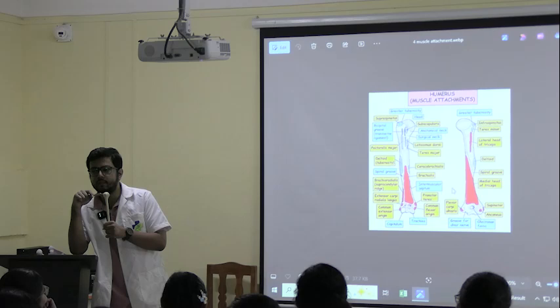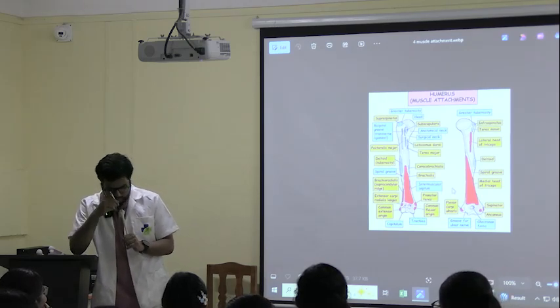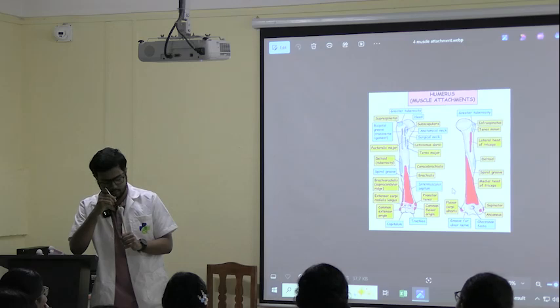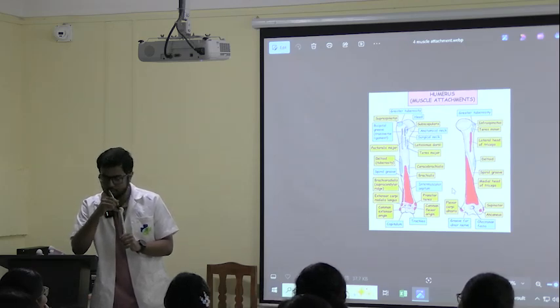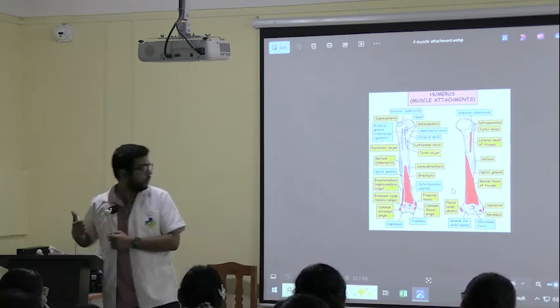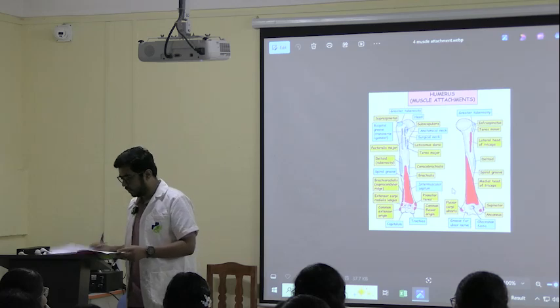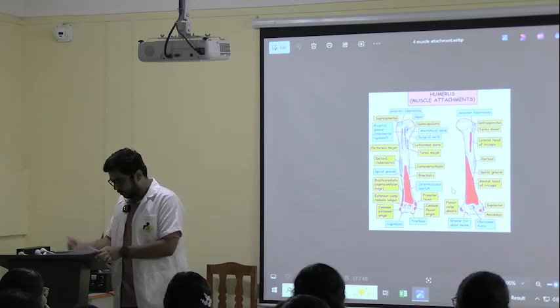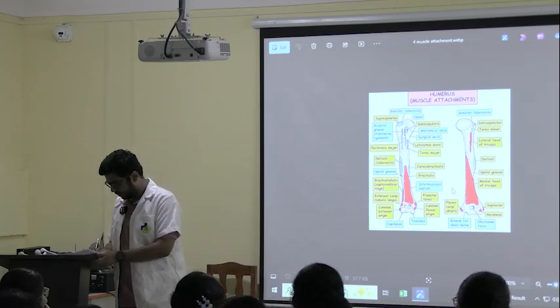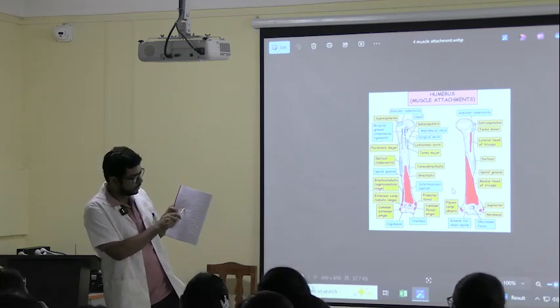I have told you there is a groove structure. Okay. So if there is a groove, there will be margins also. If something has a groove, these are the margins.